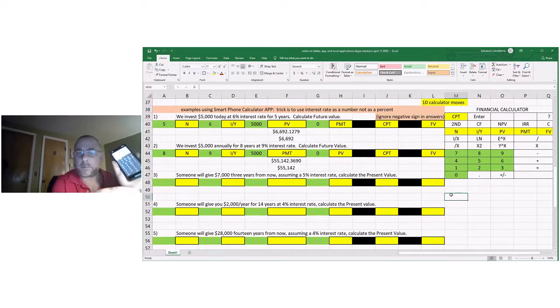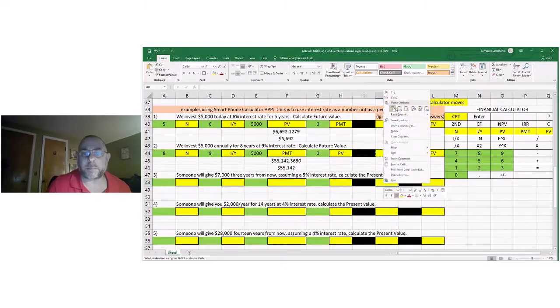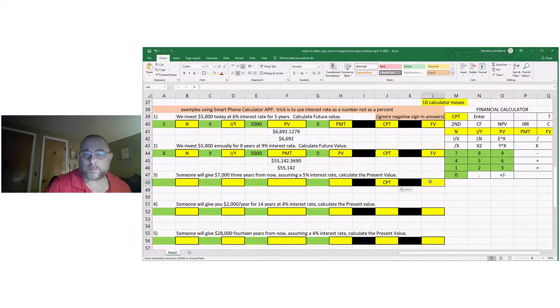I'll do it with you here. Someone's going to give us $7,000 3 years from now. So when it's all said and done, we will be computing present value. What are the number of periods?